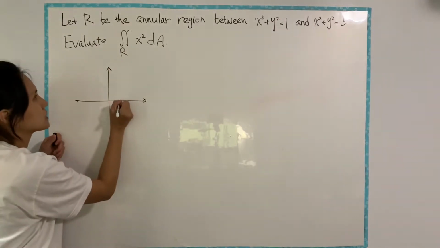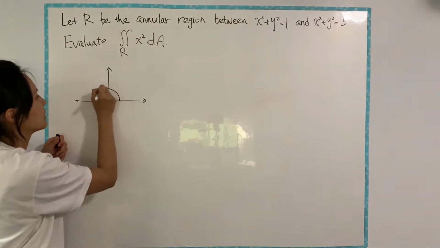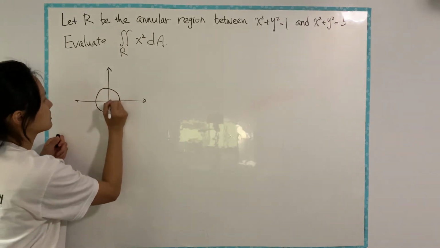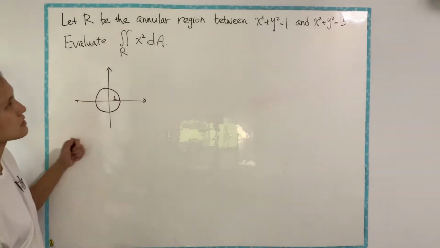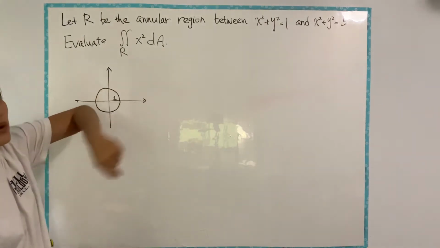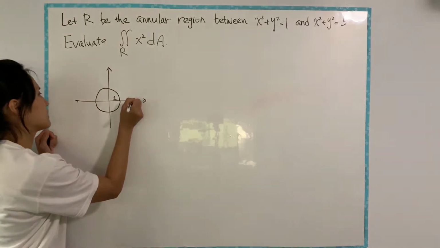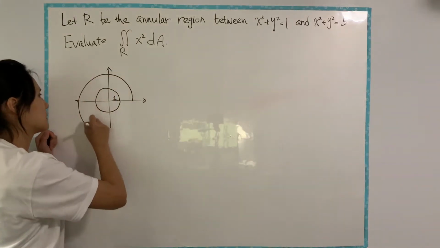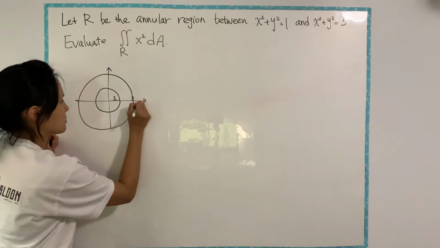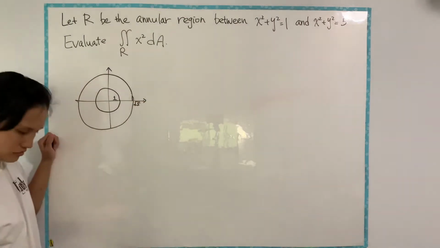R is the region lying between the circle of radius 1, because x squared plus y squared equal to 1 is the circle of radius 1, and the circle of radius root 5.